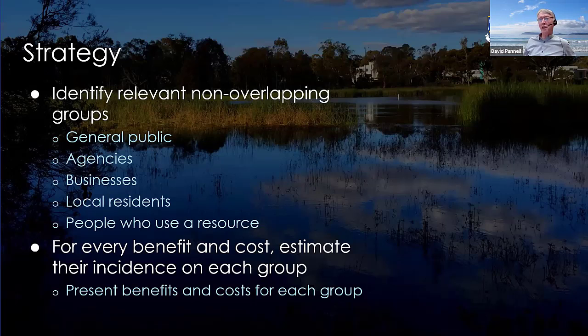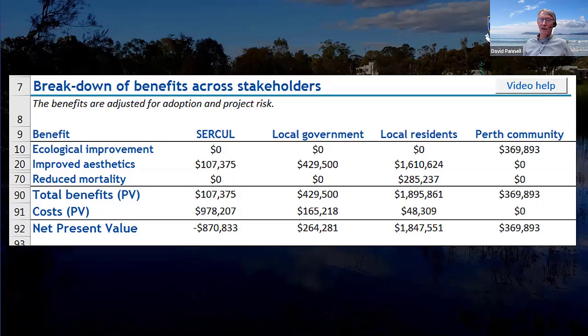All right, so the recommended strategy in the Australian government guidelines, and this is what I personally adopt, is to identify all the relevant non-overlapping groups who are beneficiaries or payers. As I said, could be general public, agencies, businesses, local residents, or people who care about a resource. And for each benefit and cost, estimate their incidence for each group and present that as a table, something like that.